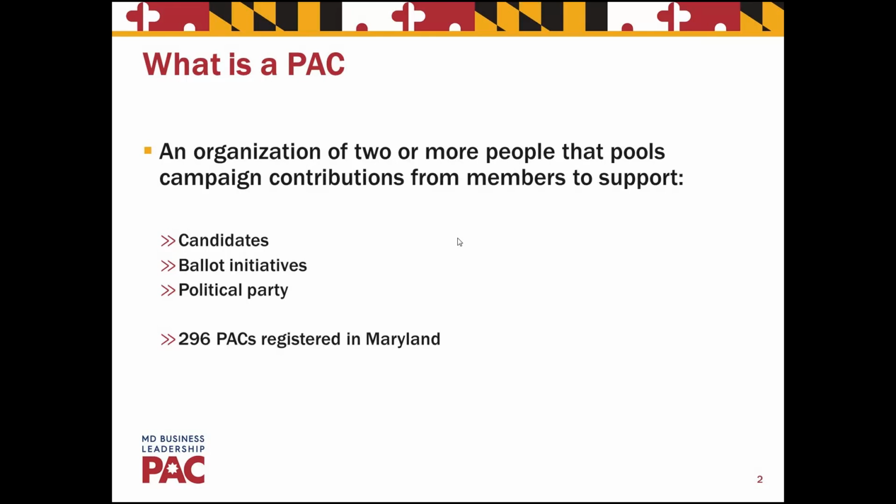In Maryland, there are actually 296 PACs duly registered and licensed right now. There are a lot of union PACs, which we're going to talk about in the middle of this presentation. And a lot of specific industries will have a PAC.